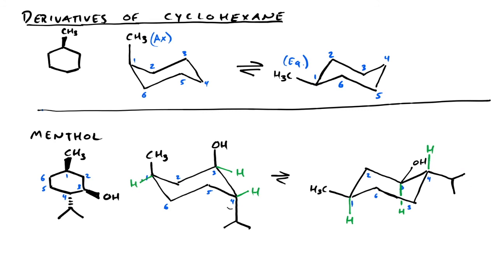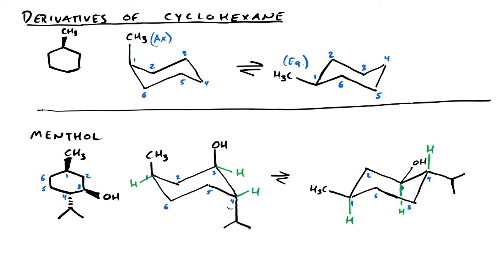Actually, carbon 1 and carbon 3 each have hydrogens going down, and they are again going down after undergoing the chair flip process. Carbon 4 has a hydrogen going up. It is still going up. The upness and downness does not change, but the axialness or equatorialness do during a chair flip.